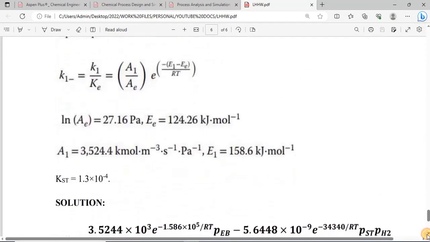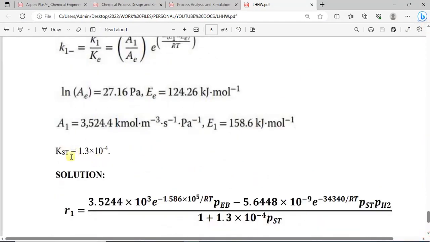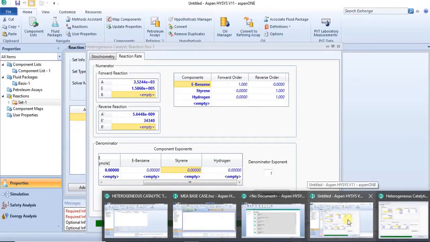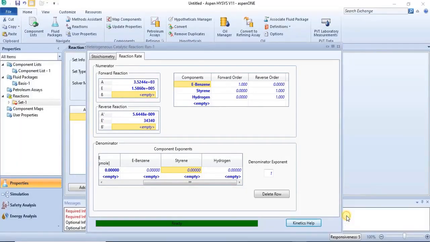So we have KST value here, and then we have plugged it into the reaction expression, and then we have PST. So PST is 1 because PST is still the same as PST raised to power 1, right? So this is 1. Specify 1 here. Sorry about that.